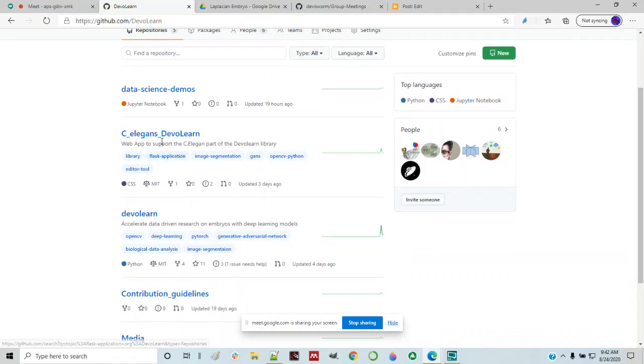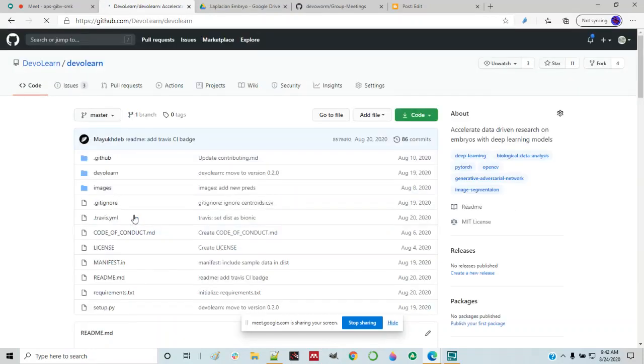But we have C. Elegans DevoLearn. Well, actually, no, this is Mayukh's DevoLearn here. This is the one that Mayukh's been working on, the library with all of the notebooks.